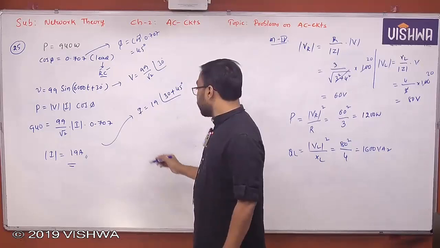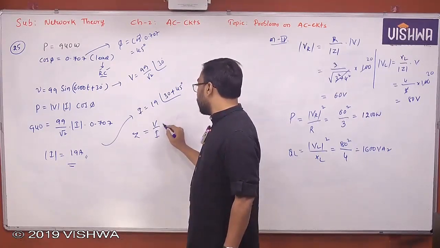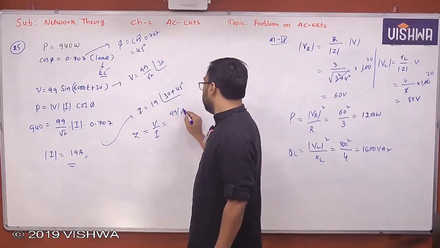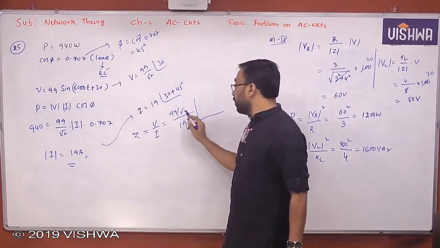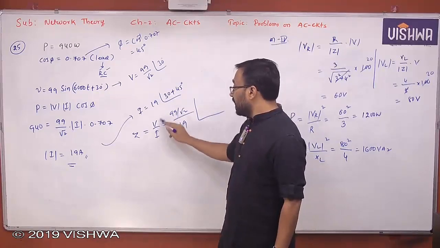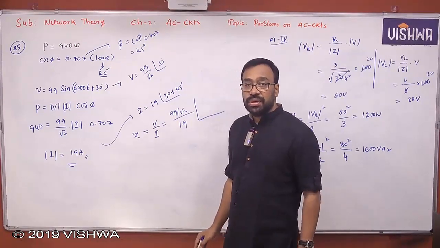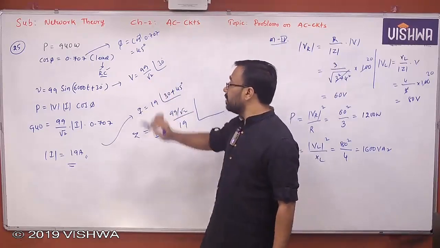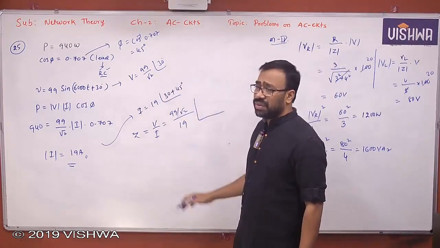Now once you know voltage and current, RMS voltage by RMS current will give you 99 by root 2 by 19 at an angle of... that's why I told you, you're taking the ratio. If one is expressed in maximum and the other in RMS, how can you take the ratio? That is why you must take RMS value. So better you always remember sine to RMS or cosine to RMS phasor. Understand all of you?